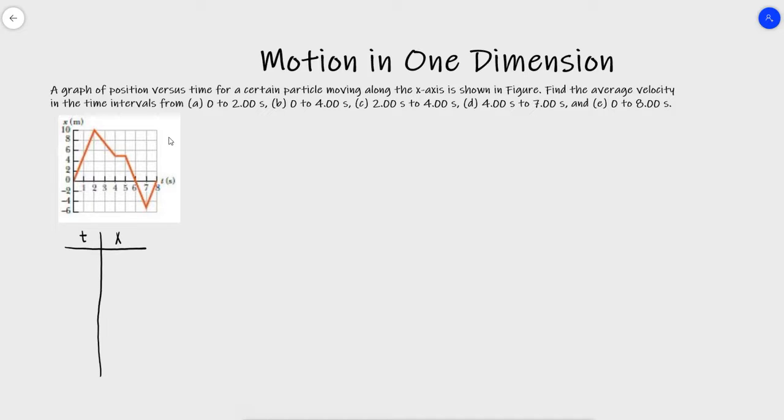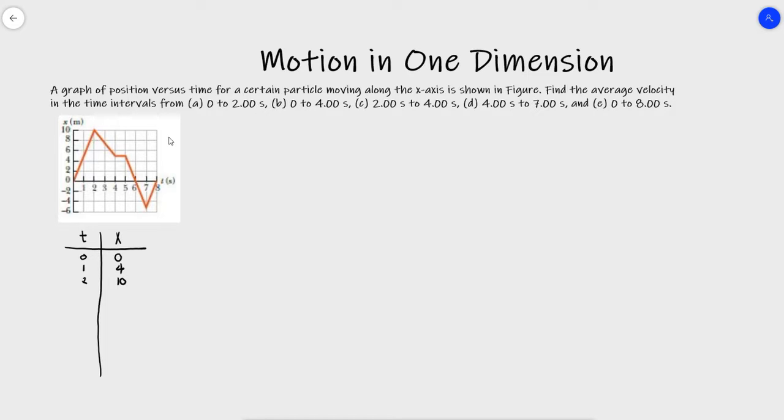Initially the distance traveled is 0. After 1 second we have 4. After 2 seconds it's the maximum.